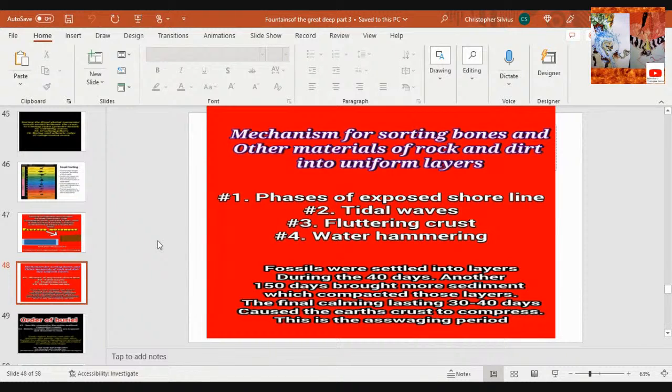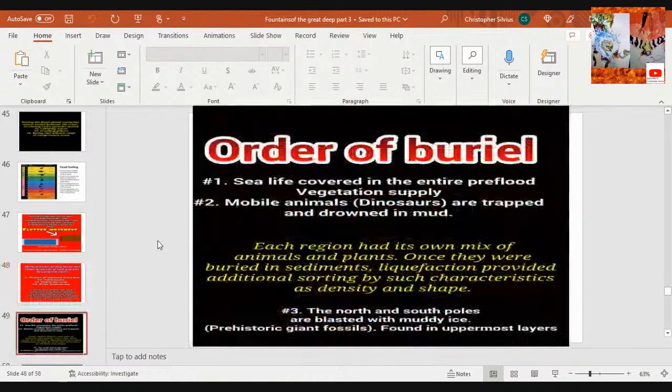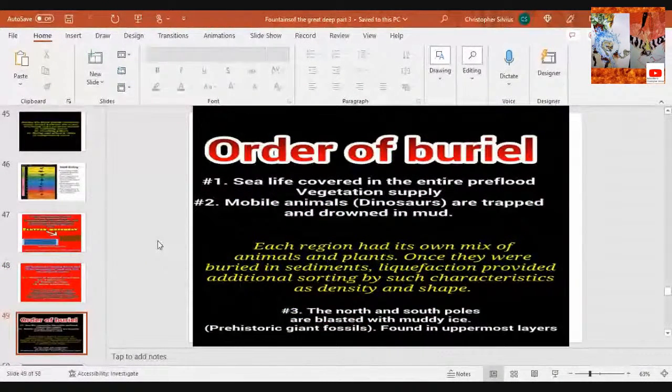But it's having a dramatic effect on the dirt and the rock itself as it accumulates, and that is the formation of uniform layers and sorted fossils according to the global flood model.